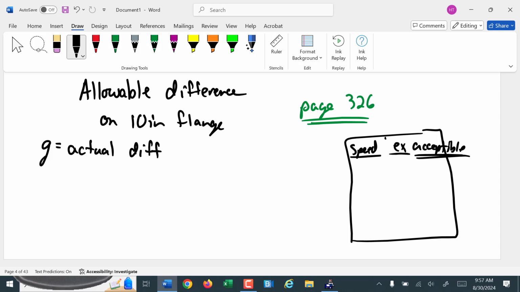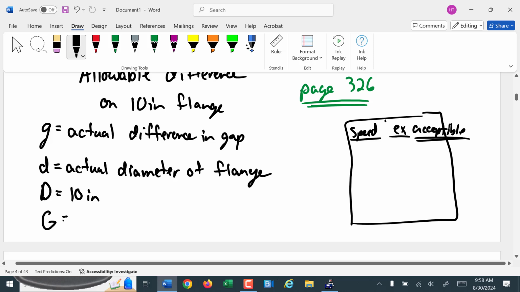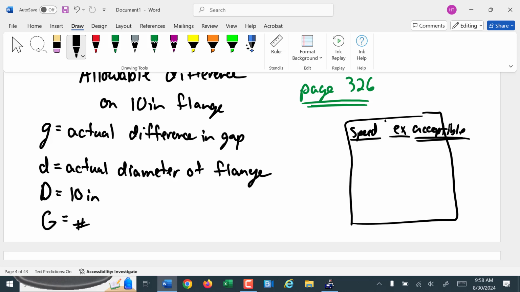And so we're looking at, little g is going to be our actual difference in the gap, so that's between the 12 o'clock and 6 o'clock. Little d is going to be the actual diameter of the flange. Capital D is 10 inches because the chart we're using is for a 10-inch flange.